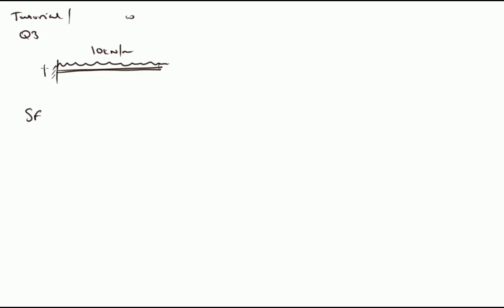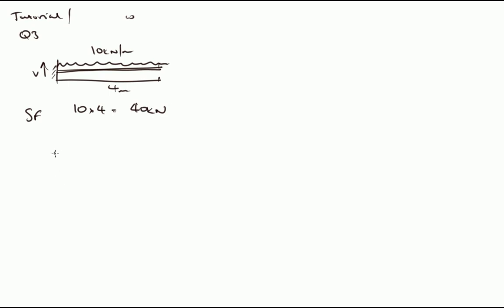We know that this reaction here must equal, so the shear force here, reaction here, V, is equal to 10 times the length. The length is 4 meters. So we get 10 kilonewtons per meter times 4 meters gives us 40 kilonewtons. And that is the value of the shear force here, V.